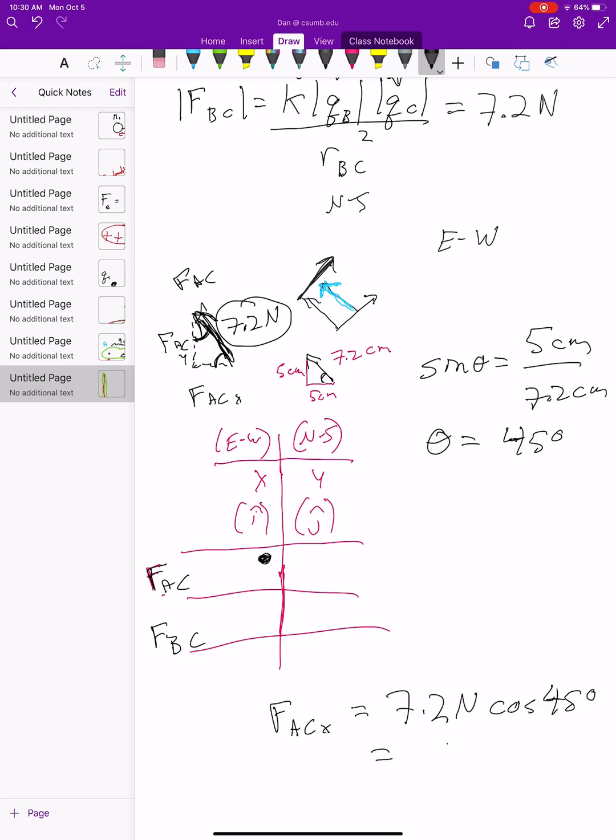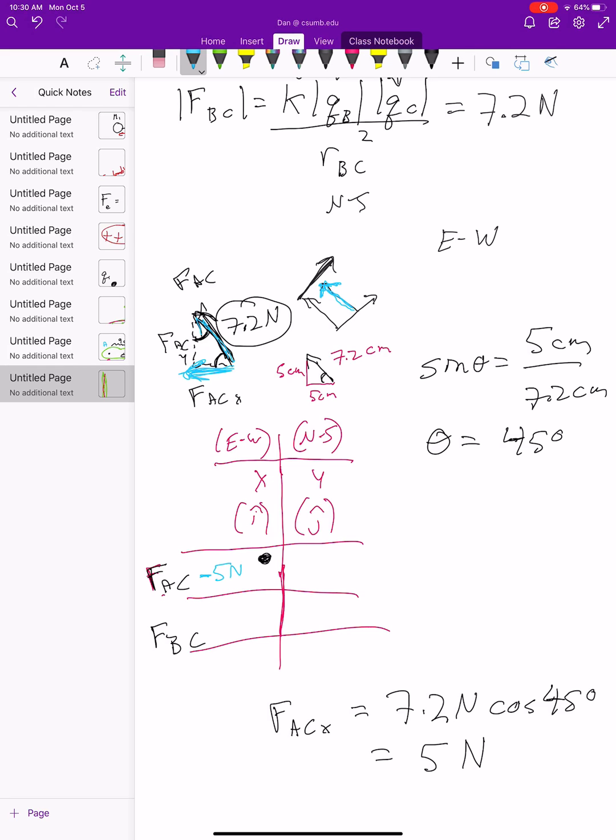And voila, that's going to give me 5 newtons. Now, my question to you, and this should remind you of the hiker problem, this is my FAC right here. Is the x component positive or negative? I'm hoping you'll say it's negative. So I'm going to write in here negative 5 newtons. That's the x component of FAC.